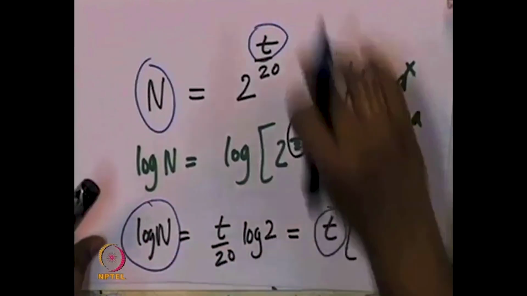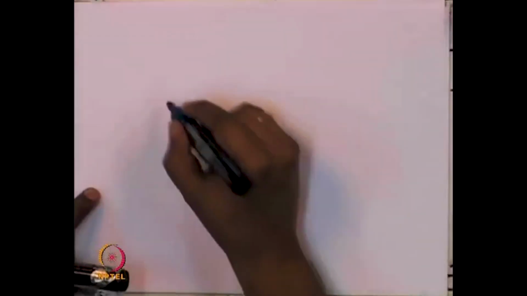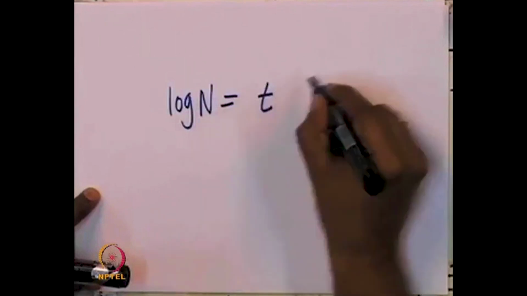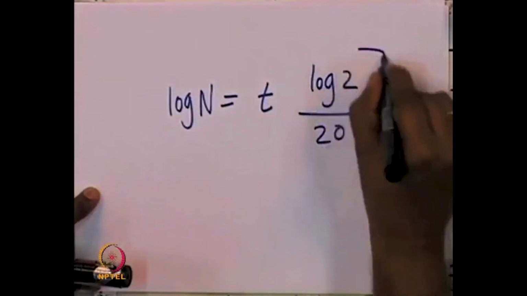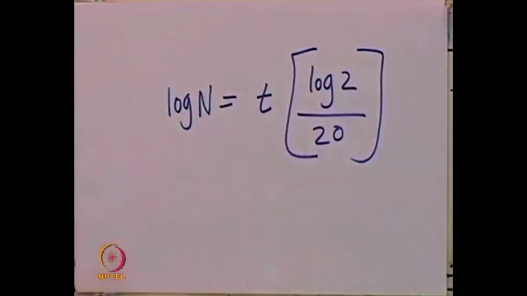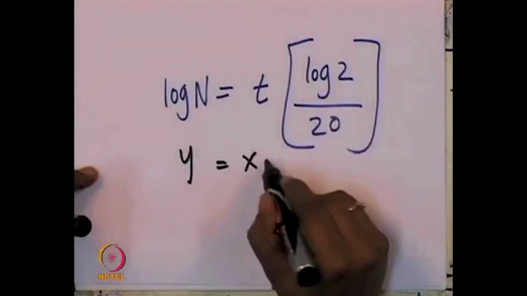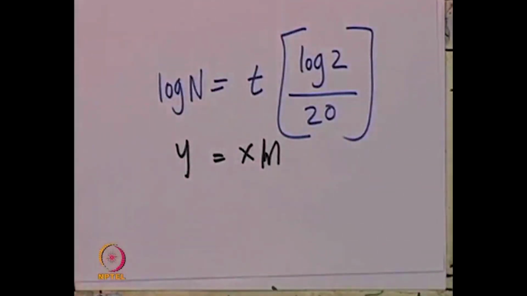The expression we finally got is log n is t times log 2 divided by 20. If we plot this as y, and this as x times some constant m, what is this? This is a straight line. What you would get is a straight line.